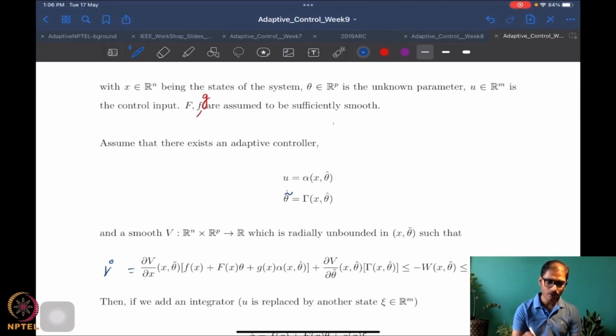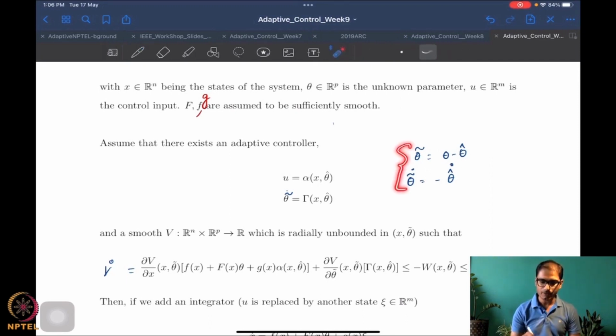It doesn't matter, because we usually define theta tilde using theta hat. Theta tilde is defined as theta minus theta hat typically, so theta tilde dot is equal to minus theta hat dot, because theta is assumed to be a constant. So this doesn't change anything; it just changes the sign, but that's important because that's the sign used here.